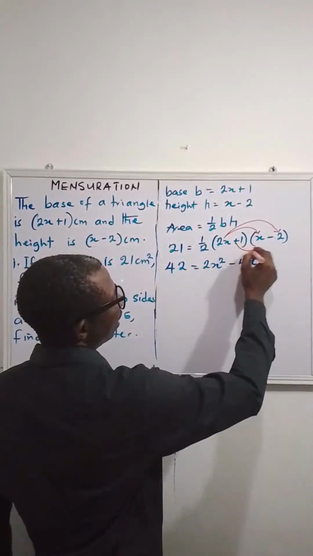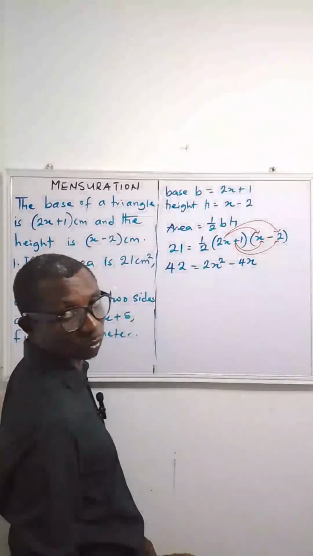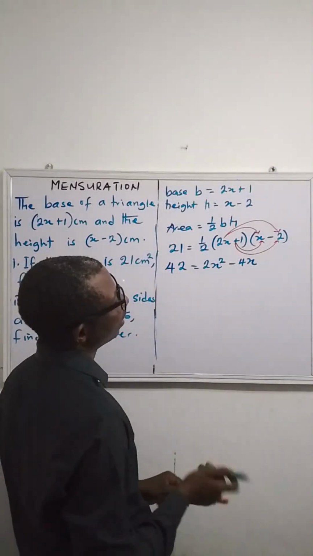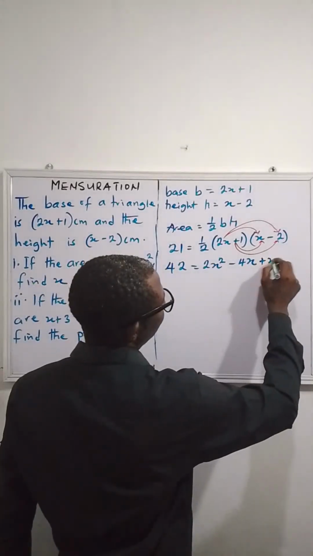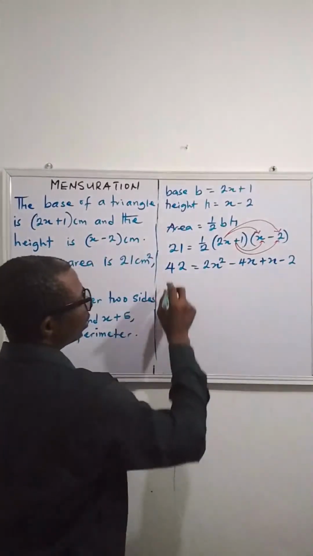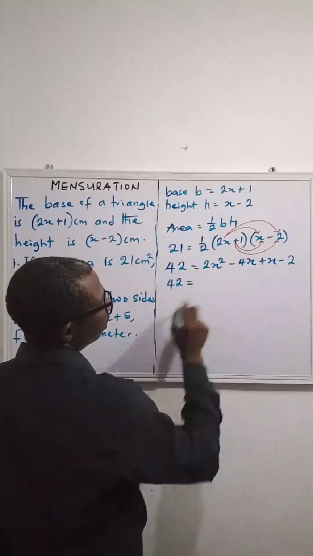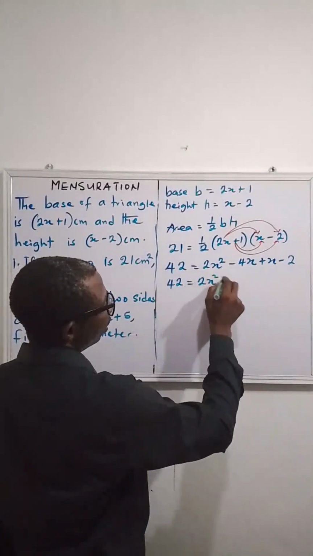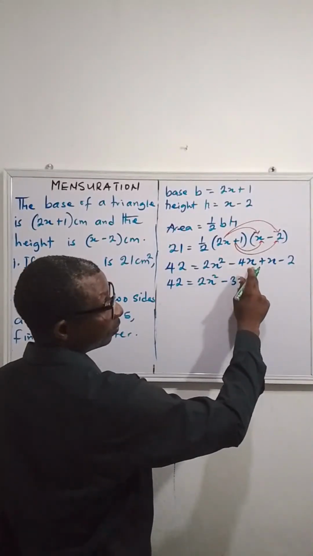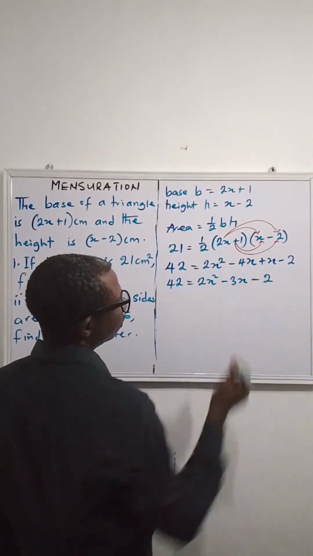This one multiplies x and also negative 2. So 1 times x is going to be plus x. 1 times negative 2, that is negative 2. So we have 42 equals 2x squared, negative 4x plus x, that gives you negative 3x, then negative 2.